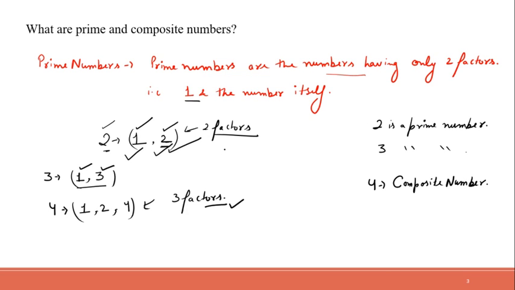Okay. So the number having more than two factors will be called a composite number. I am writing its definition on the next page.